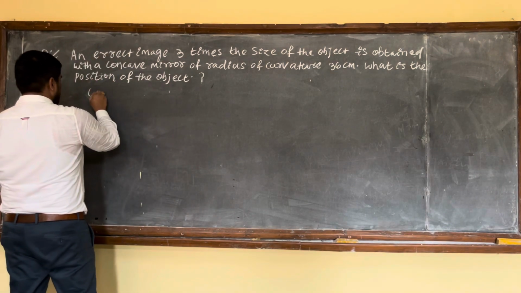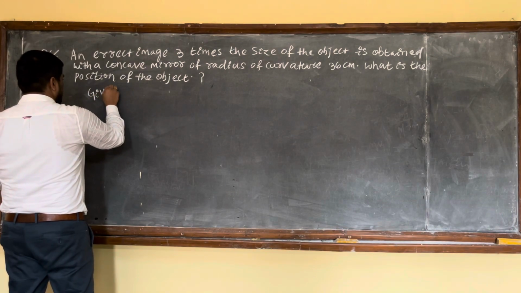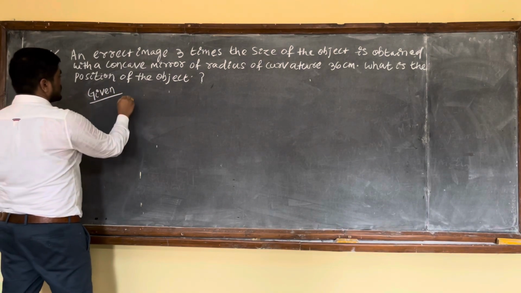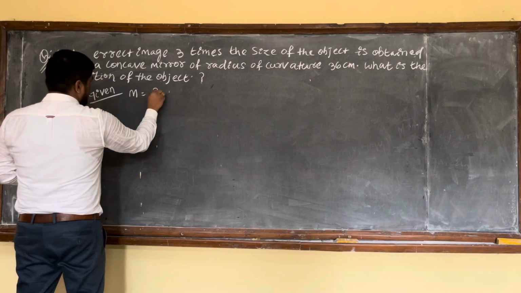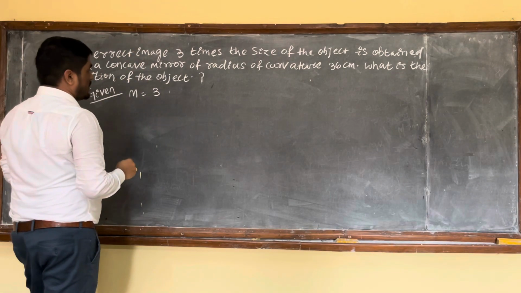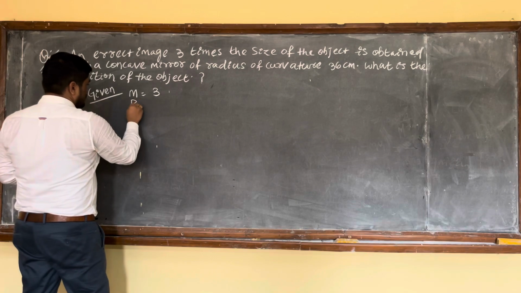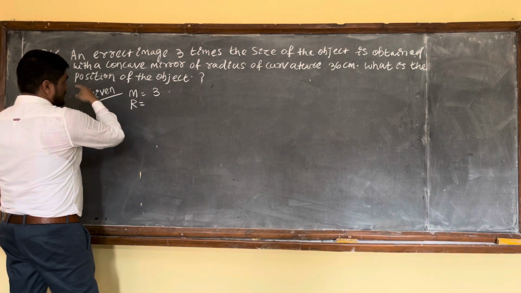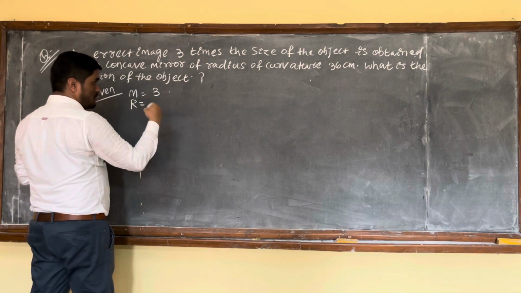So first you have to write what is given in the question. Magnification given 3 times and the radius of curvature, that is a concave mirror, so the radius of curvature will be negative.